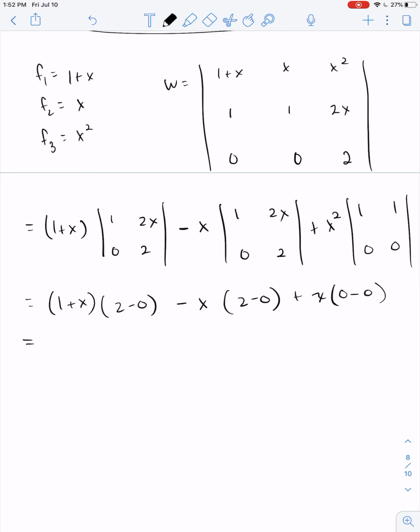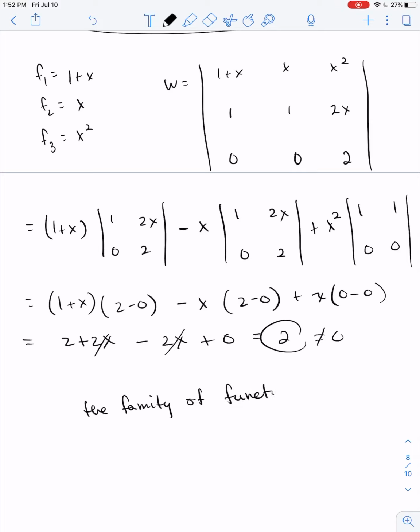So here we'll just get 2 plus 2x minus 2x plus 0. These cancel. I get 2. So because this is not equal to 0, the family of functions is linearly independent.